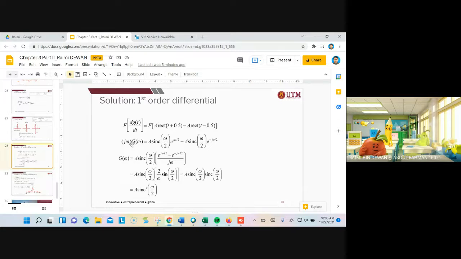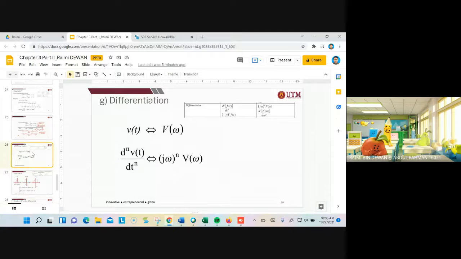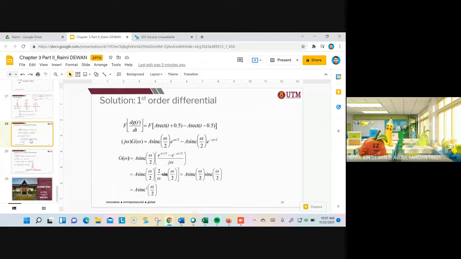And then j omega: for first order variation, dv(t)/dt corresponds to j omega, where n equals 1. That's why you only have j omega here. You know the rectangular is like this, and if there is any shift, you just couple it with e^(j omega over 2). It depends on what the shifting is. If this one is 0.5, you have j omega over 2.